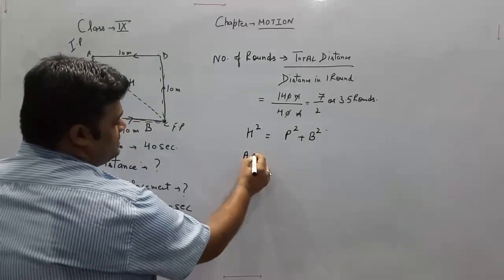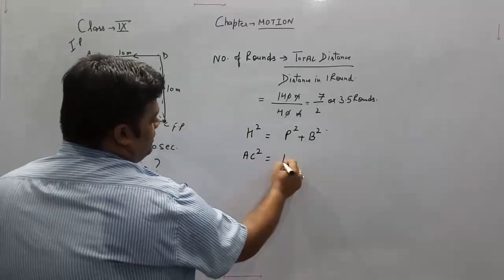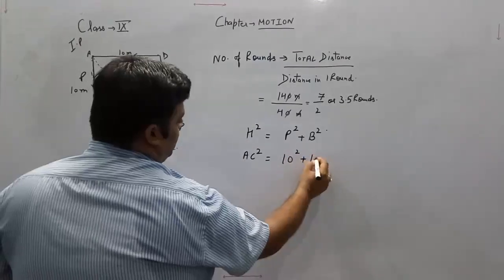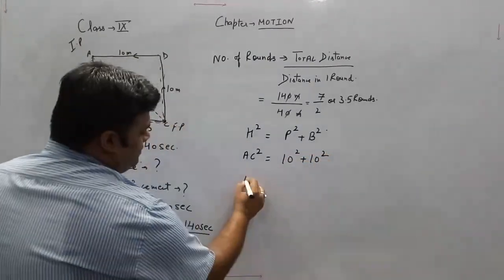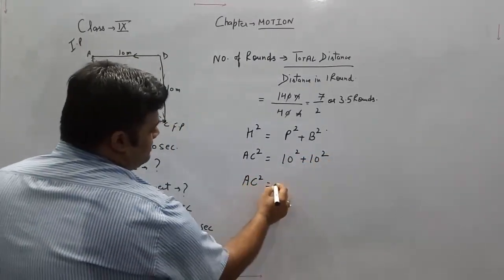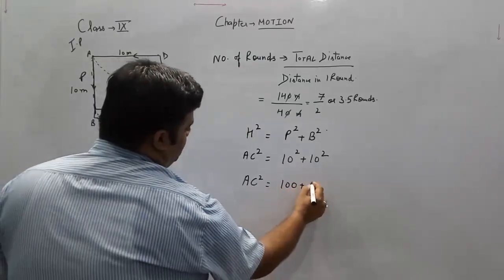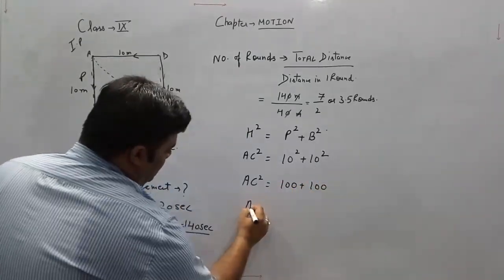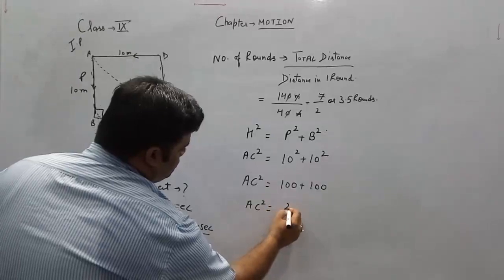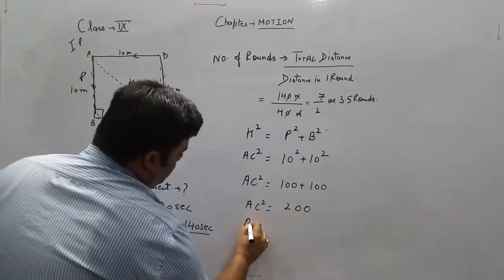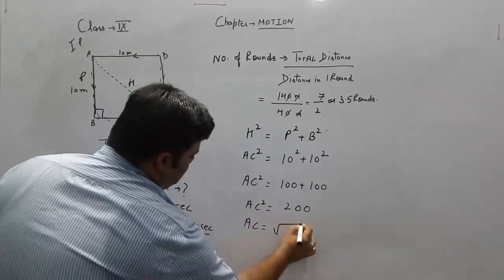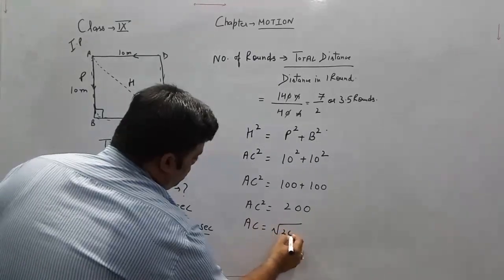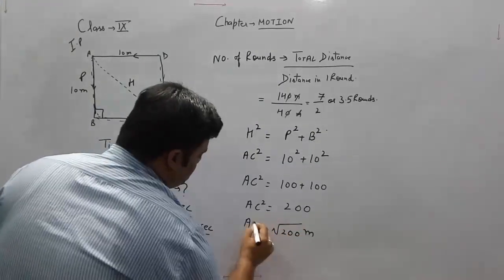Hypotenuse square, that is AC square, is equal to 10 square plus 10 square. AC square is equal to 100 plus 100. AC square is equal to 200, or we can say AC is equal to root 200 meters.